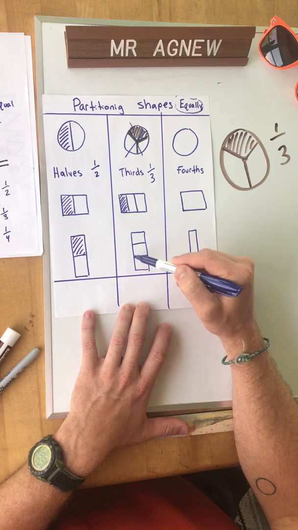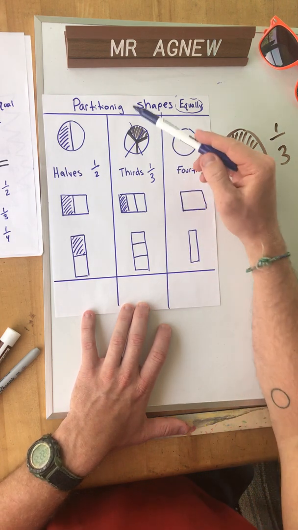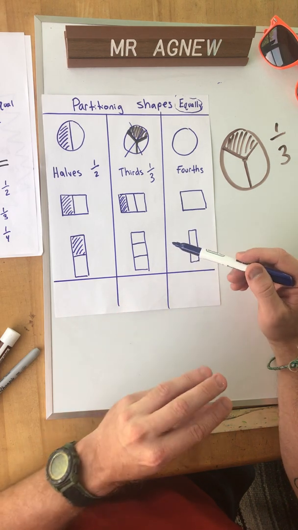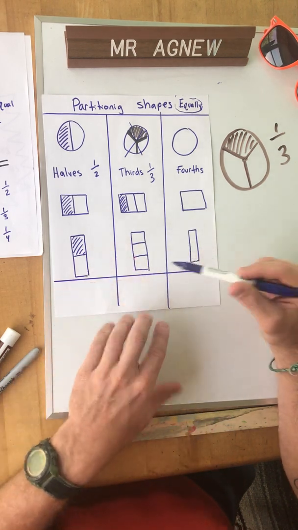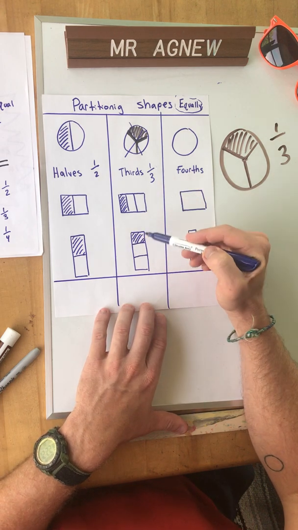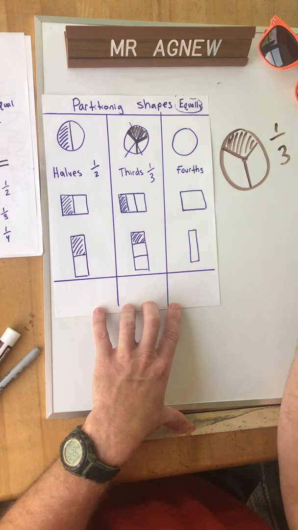Are they all the same size? Yes, they are. They are partitioned into equal size shapes. Shade in 1. And now that shows 1 out of 3 is shaded.